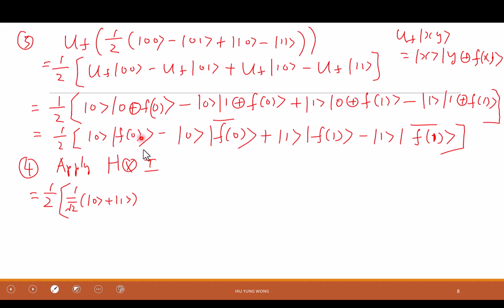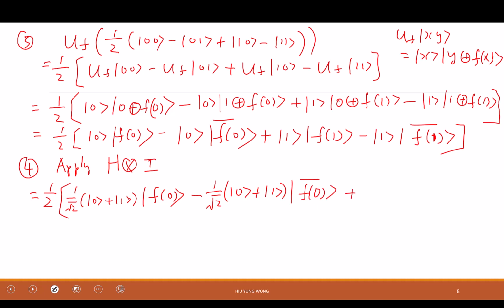But what happened to f0? It doesn't change. You get the identity. Okay? Make sense? I continue the same thing for the second term. What do you get when I apply the Hadamard gate to it? Still, because it's 0, I get this one, right? And the second term doesn't change. I only apply to the first qubit.